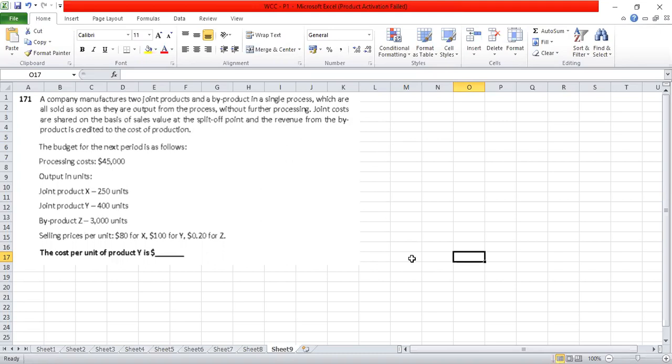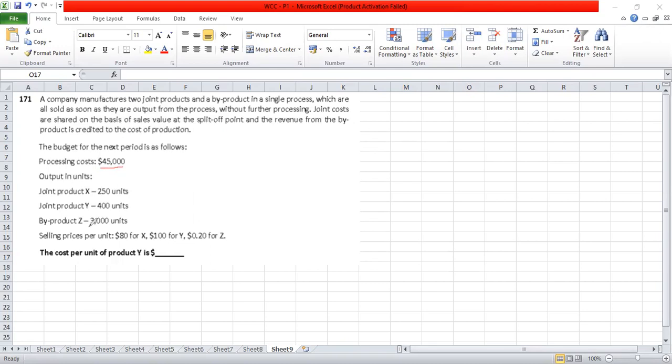So the value which is realized at the split off point is taken as the basis for the apportionment of the joint cost. How much is the joint cost? We see the joint cost is given as 45,000. This 45,000 has to be apportioned among X, Y, and Z. So when we have to apportion that, what is the basis?